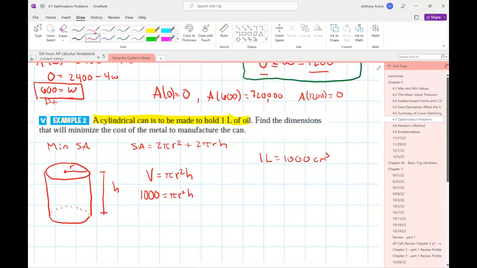So I'm going to use that then to get the h by itself.